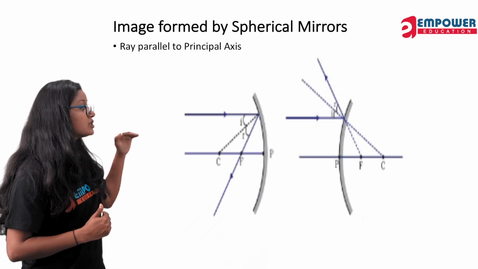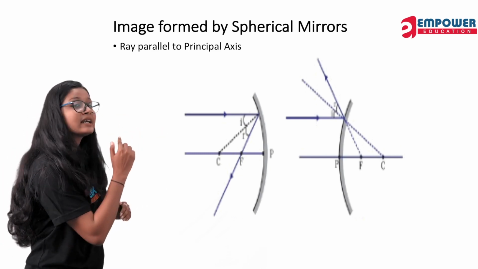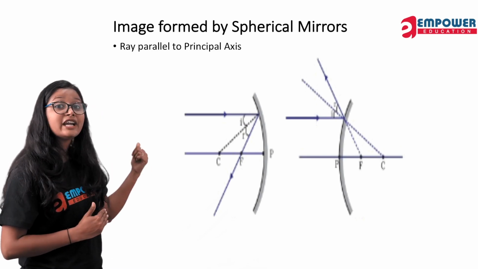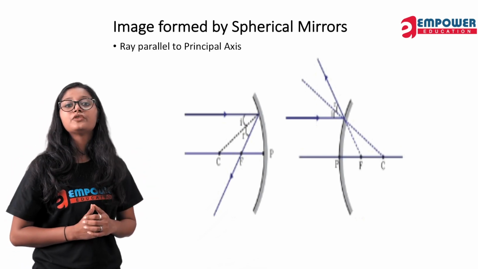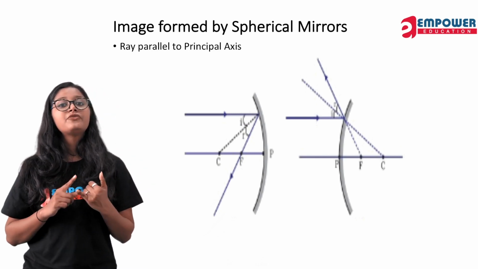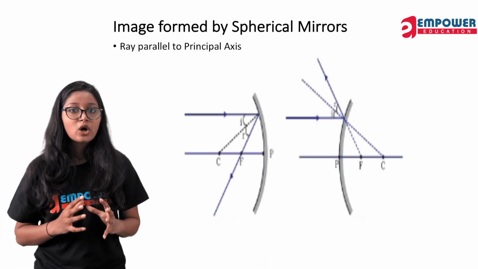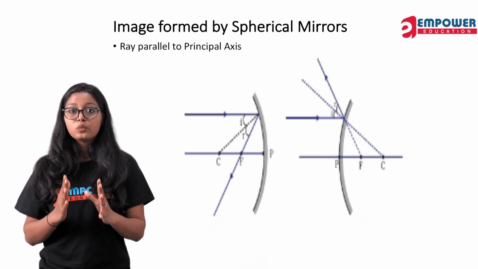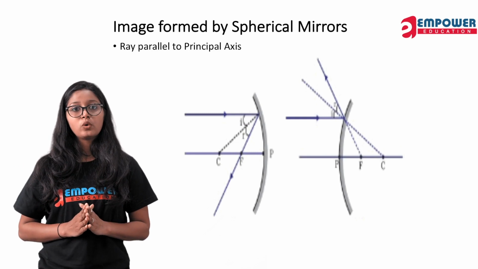So when it diverges away, if you extend the reflected ray, you see that the light ray appears to come from the focal point. So the first point is, if the ray of light is passing parallel to the principal axis, it will pass through the focal point.